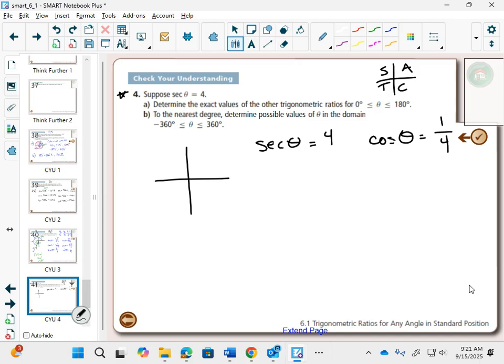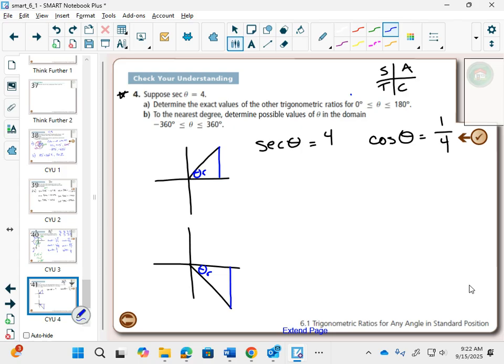So the secant really wasn't helpful here, but by changing secant of theta to cos of theta, 1 over 4, I notice it's positive. Cos of theta is positive in quadrant 1 and quadrant 4. So I have an angle in standard position in quadrant 1, or in quadrant 4. Either way, I can draw a line back to the nearest x-axis with a reference angle.